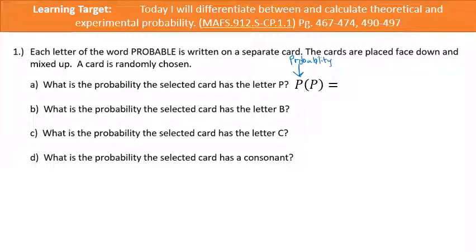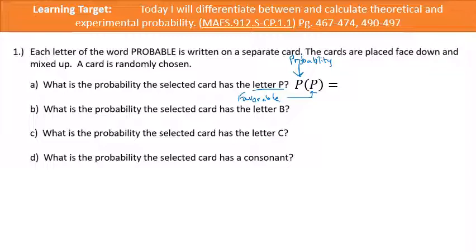The P on the bottom represents our favorable outcome, which is what we're looking for. And what is our favorable outcome? The letter P. So this is why there's a P on the inside. If you see this, you can quickly know capital P means we're talking probability, and what's inside the parentheses is what we're looking for. We're looking for the letter P.